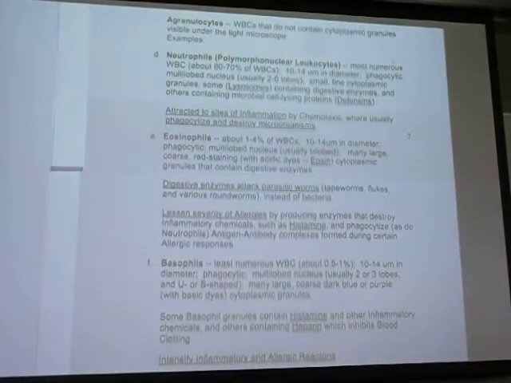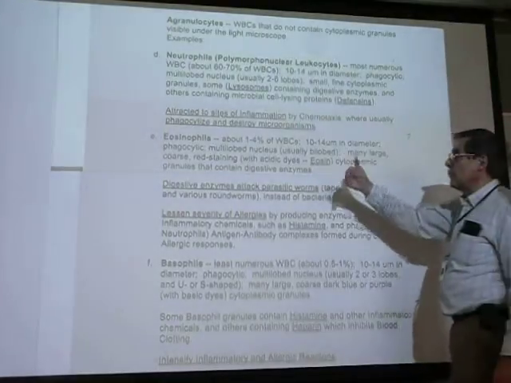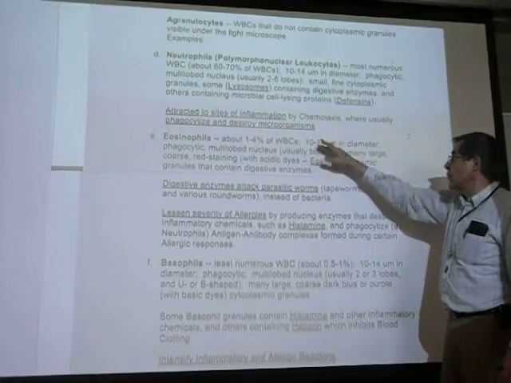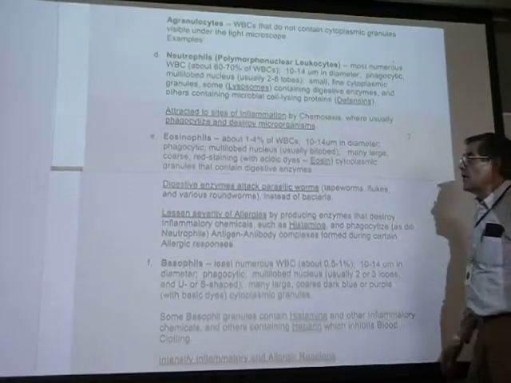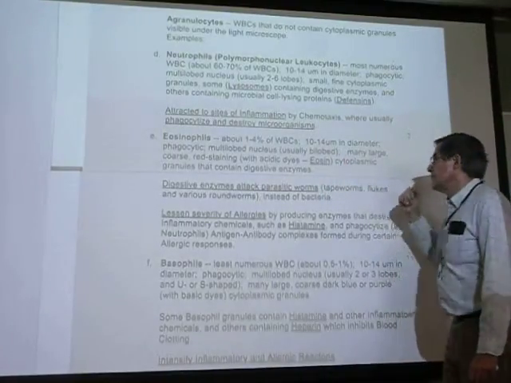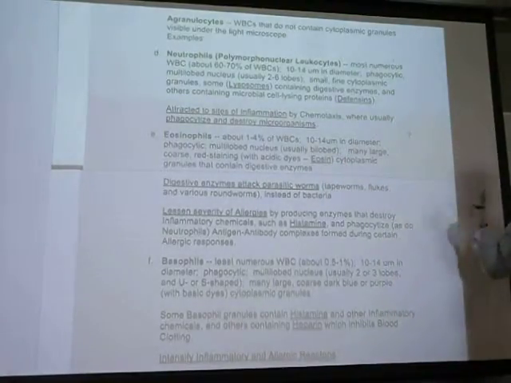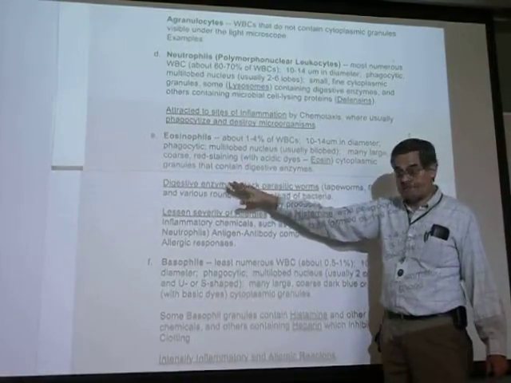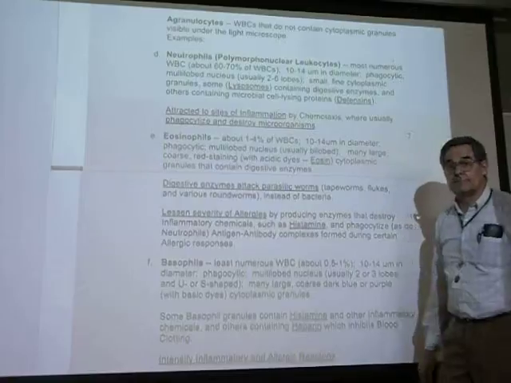Okay, the eosinophils, also granulocytes. These are much less numerous, only about 1 to 4% in normal human blood, about the same size as the neutrophils. Again, don't memorize this, but about twice the size of the red blood cells. Usually a bilobed nucleus, two lobes. But the characteristic feature, of course, is these very large, coarse, red-staining granules.